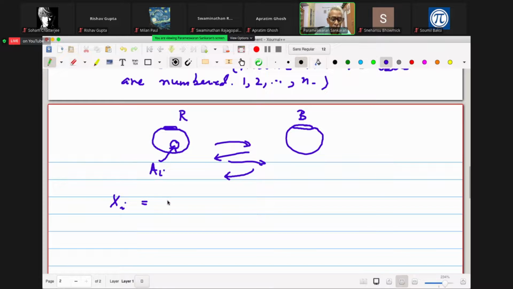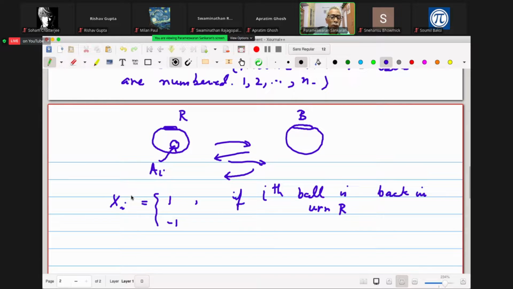It is 1 or minus 1. When is it 1? If the ith ball is back in R.